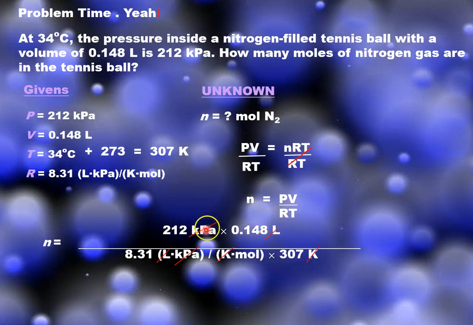So kPa divides out, liters divides out, and Kelvin divides out. That's going to leave us with the number of moles. Do your math, and the number of moles is equal to 0.0123 moles of nitrogen, since the tennis ball is filled with nitrogen.